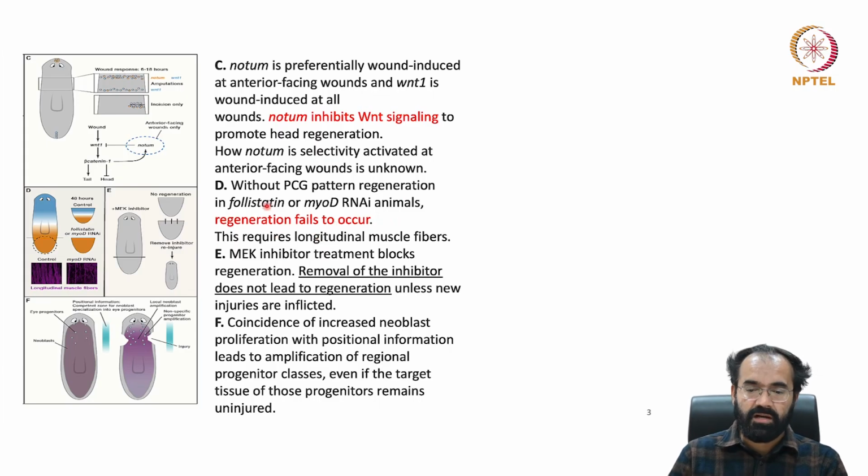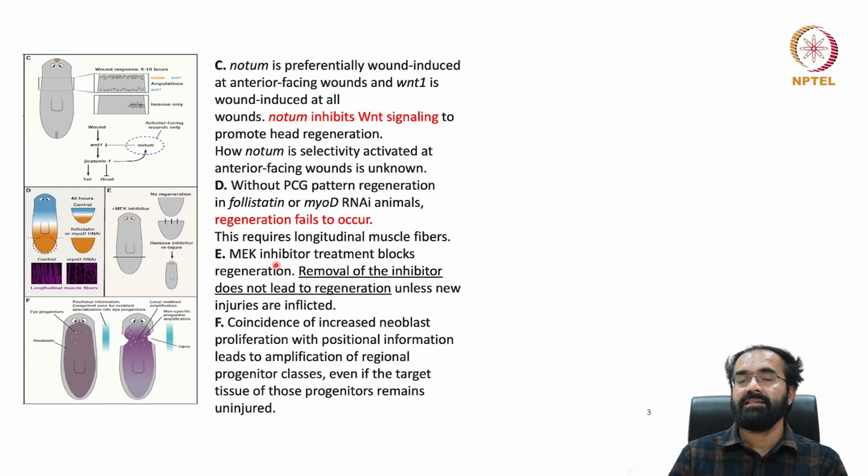Regeneration fails to occur either with the follistatin RNAi or myoD RNAi. This requires longitudinal muscle fibers, because myoD is expressed in the longitudinal muscle fibers. Another example is a MEK inhibitor. Just like how important follistatin is, the ERK MAP kinase signaling pathway is important for the pursuance of the regenerative response.